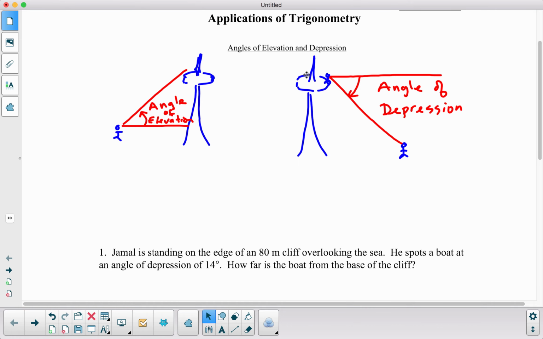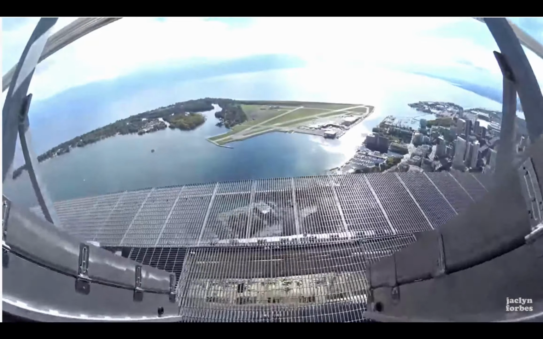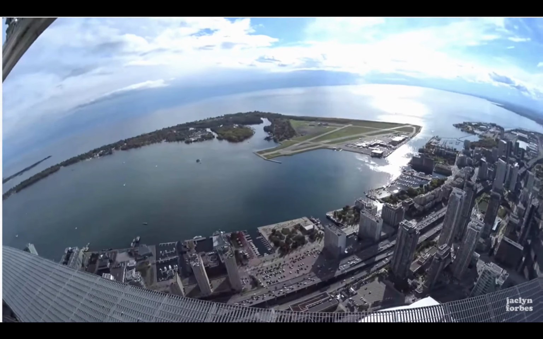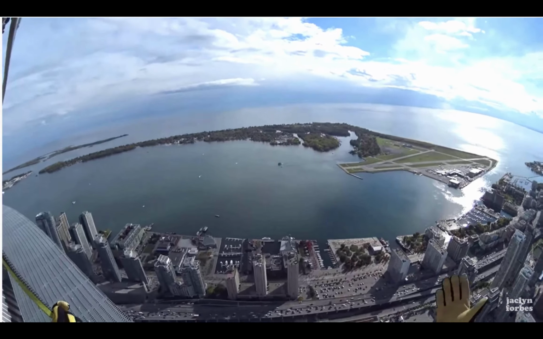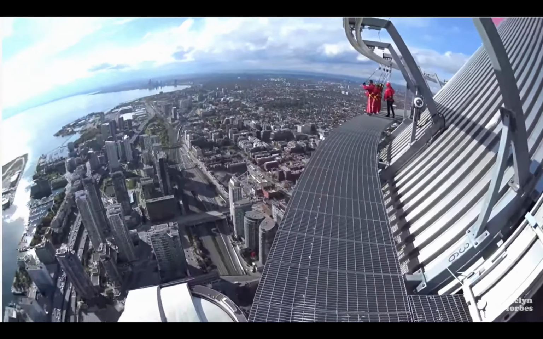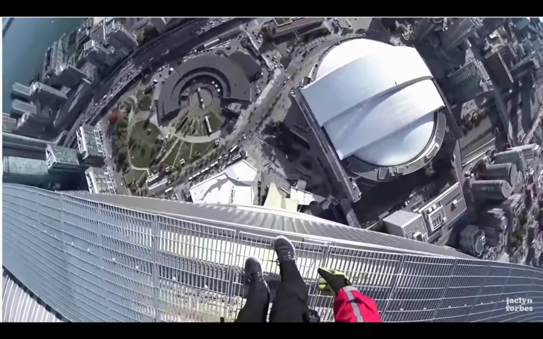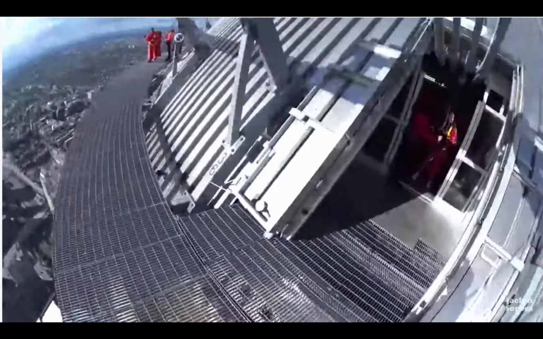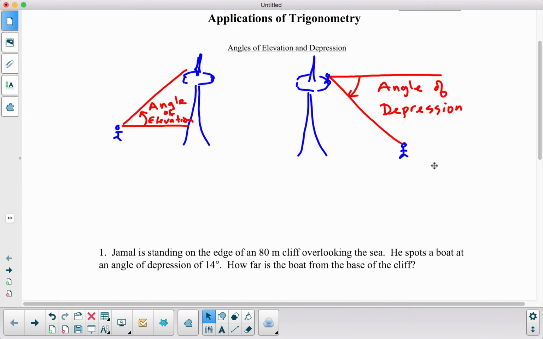Also in the CN Tower, I don't know if you know this, but you can go up to the top, and actually you can arrange to walk around the top, the round part of the CN Tower. And so if you have a friend up there, or if you're up there, then you could look down at somebody on the ground level, and we can measure that angle.